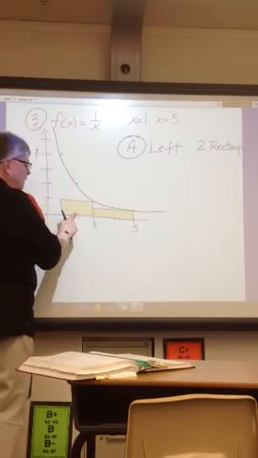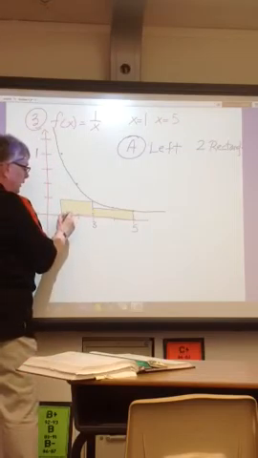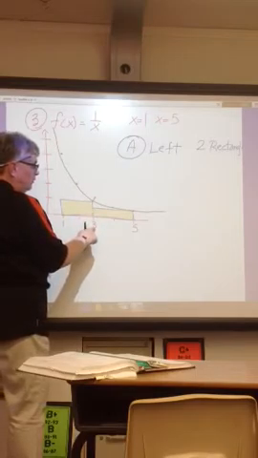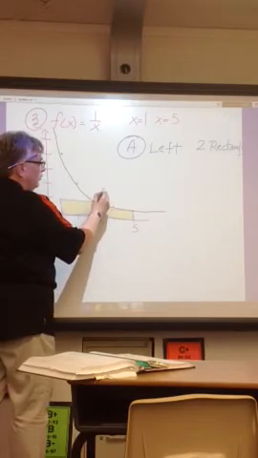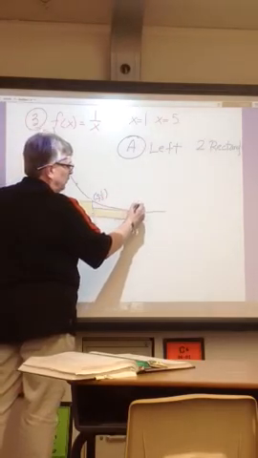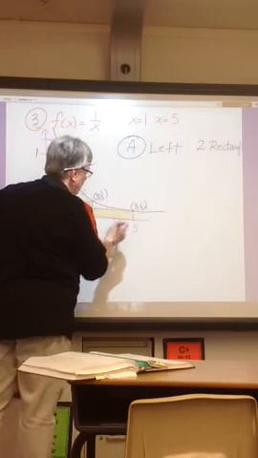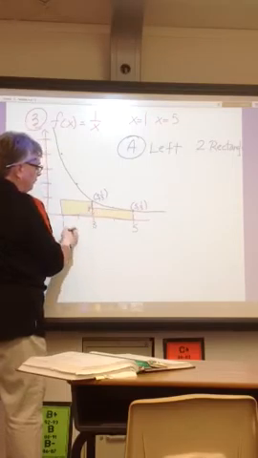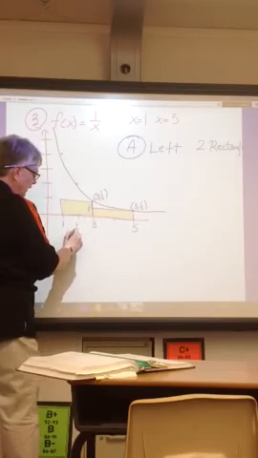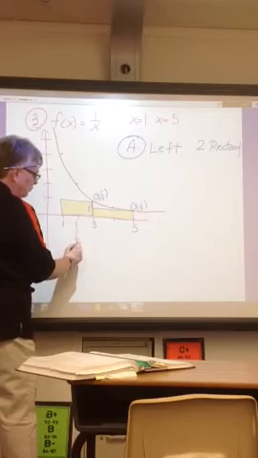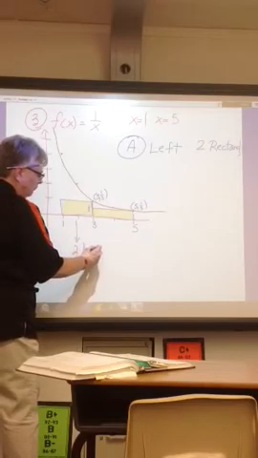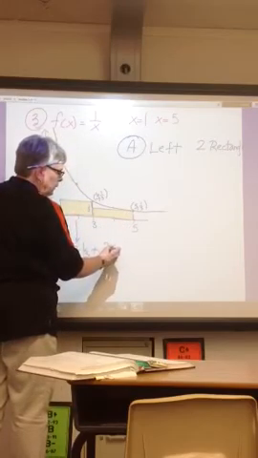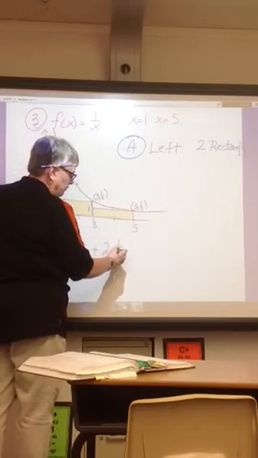So in this case, in the first box, we have 2 units by the height. Well, if this point is 3, this is 3, 1/3, and this point is 5, 1/5. So this vertical piece right here is 1/3 tall. The width is 2, so the area of this first box will be 2 times 1/3. In the second box, the width is still 2, but the height in this case is 1/5.